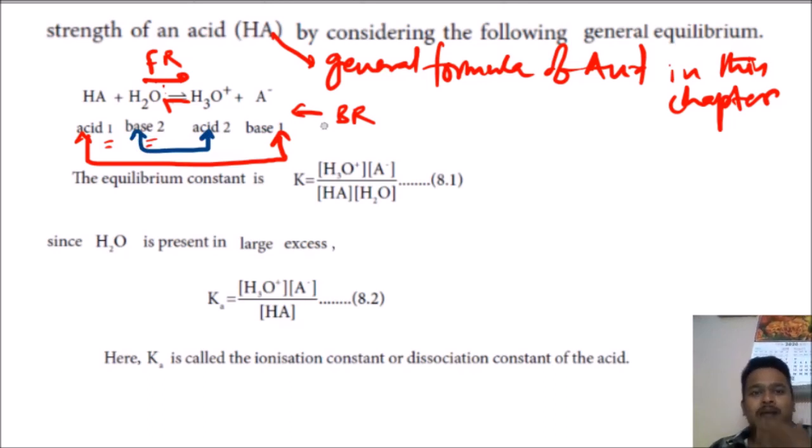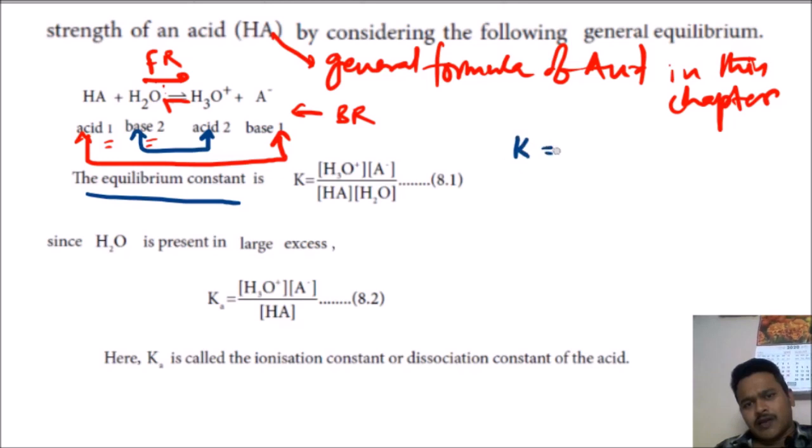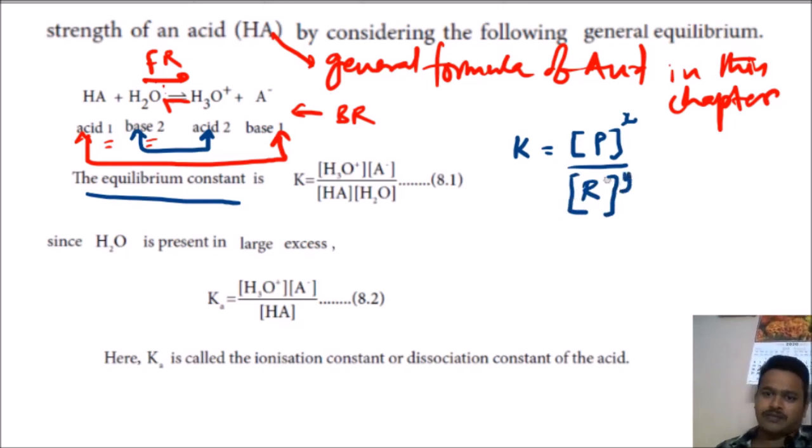Okay, anyway, that's not our concept now. The acid in water is giving H plus ions to the water, and A minus is formed. So it is an equilibrium, and you can write an equilibrium constant. What we studied in chemical equilibrium in first year: K is the concentration of products with their powers divided by the concentration of reactants with their powers, the powers being the stoichiometric coefficients in the equation.